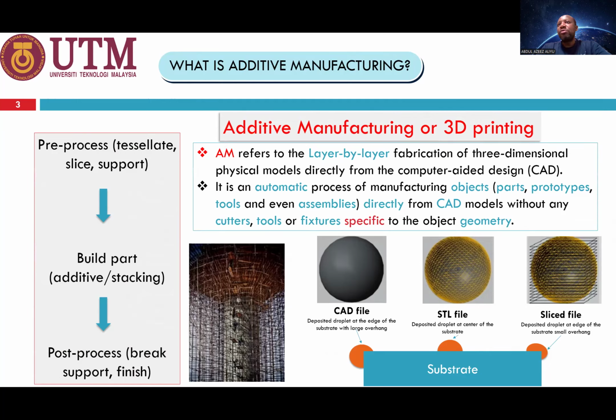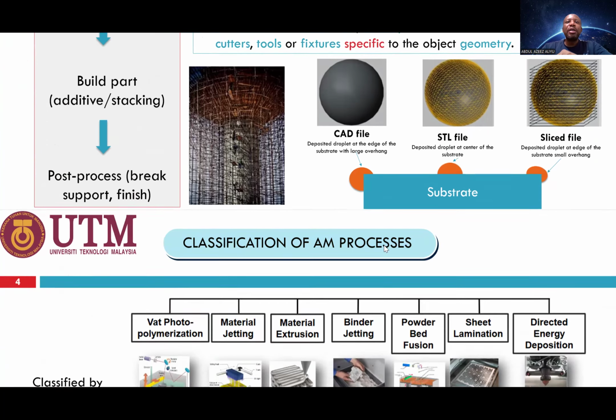The same goes for additive manufacturing concepts. So you need to build the part in an additive or stacking manner. And then the last stage is the post-process, by breaking or removing the support, and then a finishing process to have the desired surface finish for such a component.